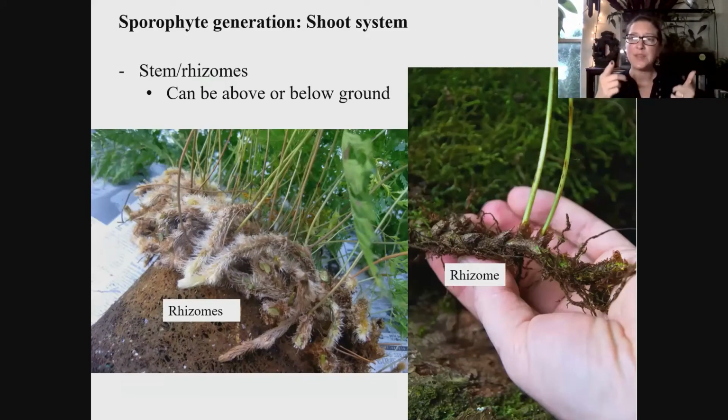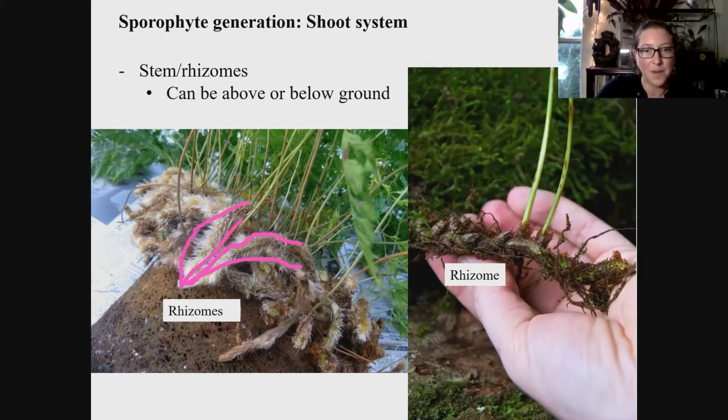This is what I was saying before about that polypody, right? Like the many-footed plant. Ferns have these stems called rhizomes, right? Horizontal stems. In some species, the horizontal stems are very fuzzy, for example, here.